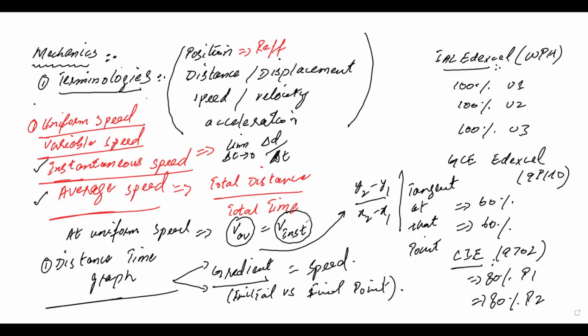And whenever you guys are talking about the instantaneous speed, we'll probably do it with the help of a tangent at that point. Got the difference? Right? So it is preferred to calculate the instantaneous velocity by drawing a tangent on that curve. And it is preferable to calculate the average velocity by just taking the initial and the final point on the curve. I hope you guys got that, right?